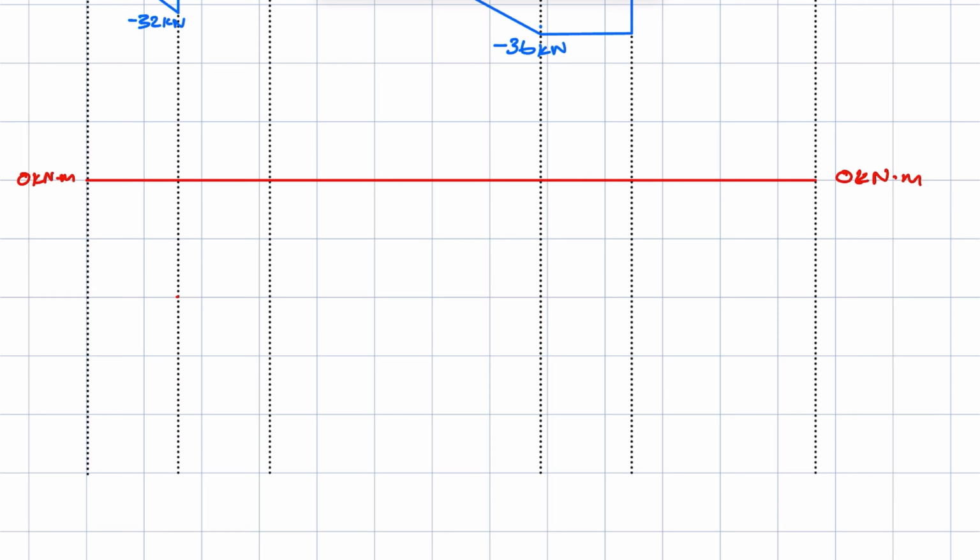If you're dealing with the bending moment diagram below the 0 line, the portion of the parabola you are going to be drawing is one of this one. So if the graph is decreasing, you want to draw this portion of the parabola. If the graph is increasing, then you're going to draw this section of the parabola. It will make sense just now when we draw our bending moment diagram.